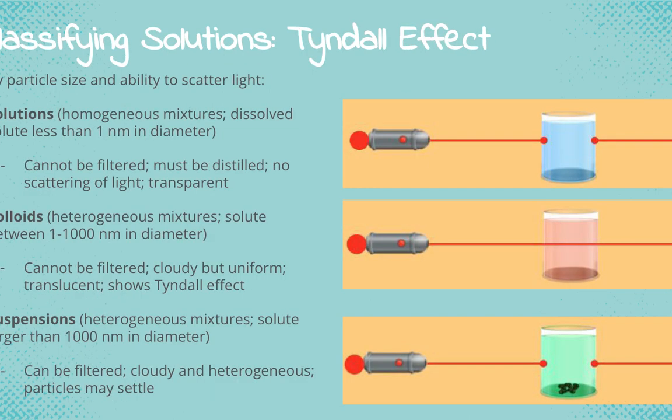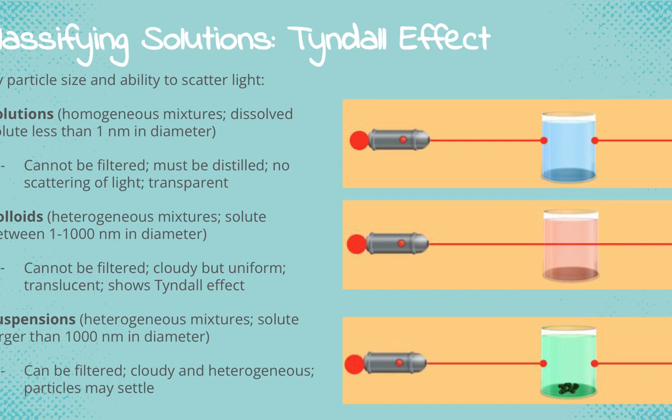You can classify solutions using what is called the Tyndall effect. Using the particle size inside of the mixture, you can classify it as a homogeneous solution or a heterogeneous mixture. The Tyndall effect is when they take a laser and shoot it through your sample.